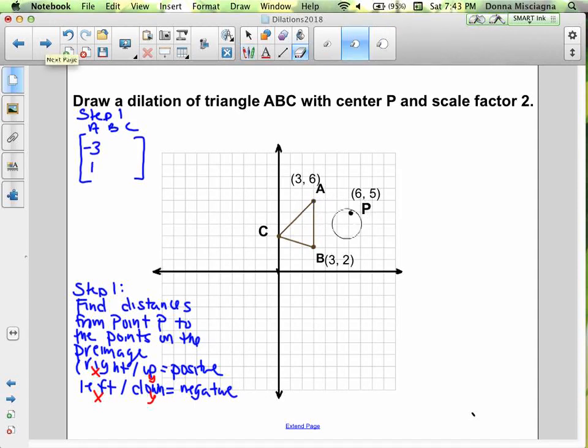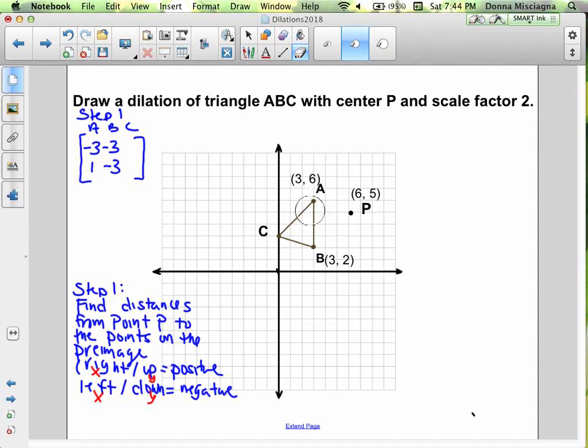Let's do the same thing for B. 1, 2, 3 to the left, right? So that's -3, and then 1, 2, 3 down. So that's -3 as well. So -3, -3, you can see it's 3 to the left and 3 down.